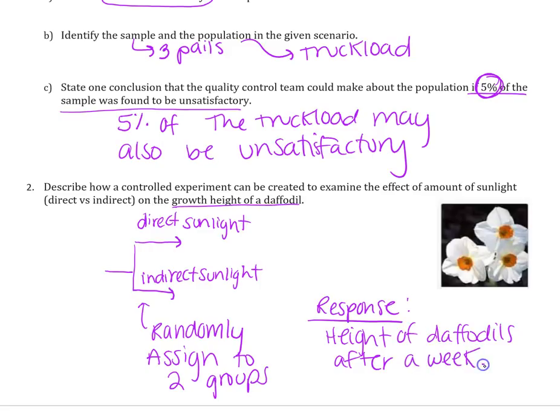And then I'll say after a week, because we want to give it time for the daffodils to grow. Okay, so key things you need to make sure that you understand in this problem. When you're running an experiment, you need to have random assignment, and there needs to be some sort of treatment. So in this case, our treatment is the direct versus indirect, and then we need to have a response. So we're measuring the height. So on a Regents question, those are the things that they would be looking for.